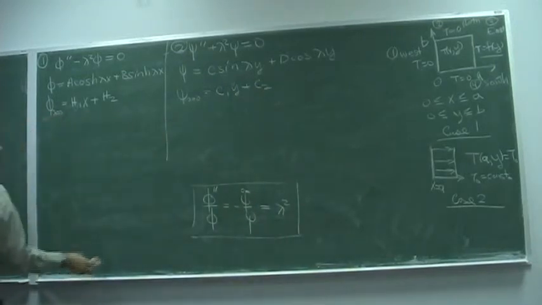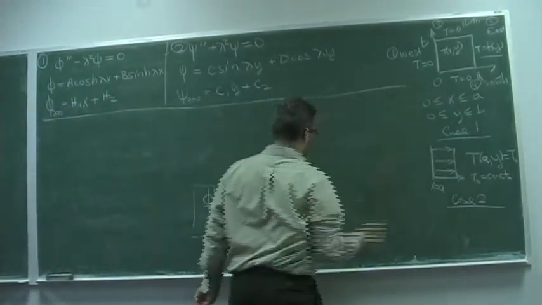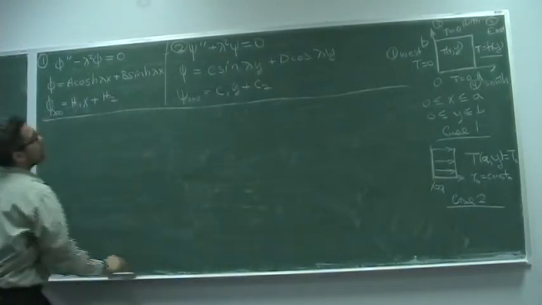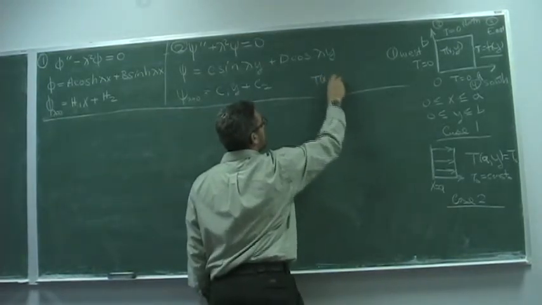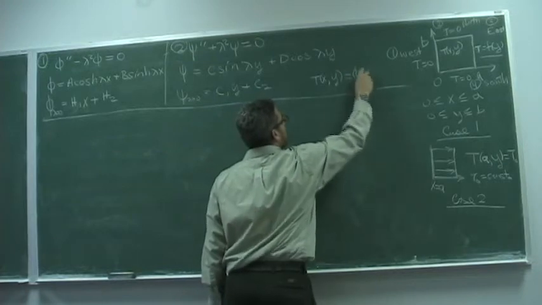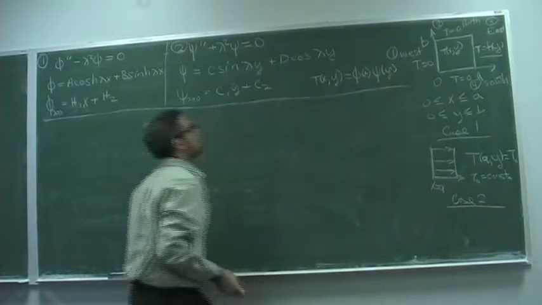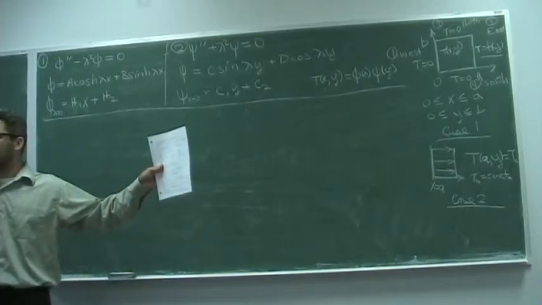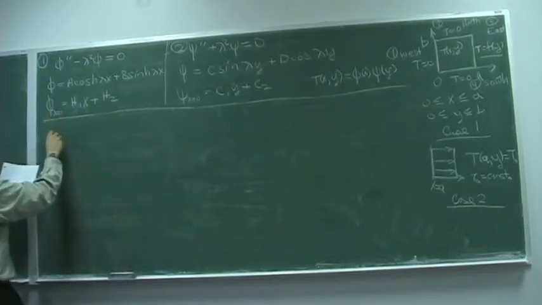So now, our total solution. Remember, our product solution is T of x and y equals phi of x times y. Okay, there we go. So we're going to use our general solution and plug these terms in to get our total and complete solution. Because of linear dependence, we've got our constant terms and we have our sine and cosine terms.